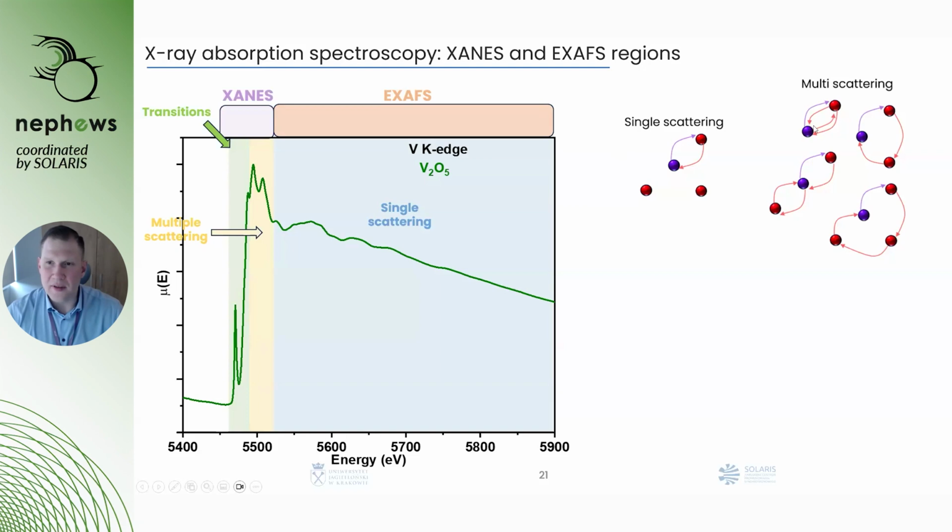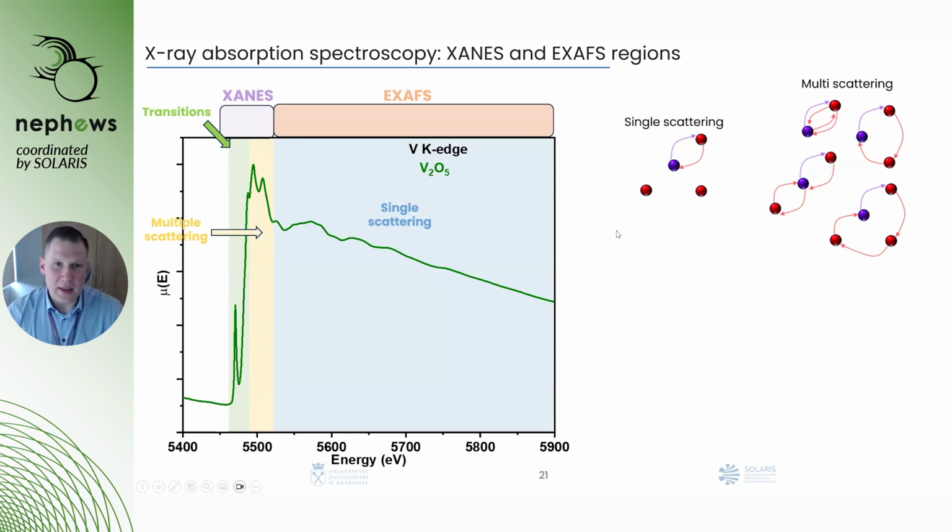It means that we have an absorber atom and the outgoing wave going to the neighboring atom, it is scattered from it, going to the absorbing atom and going back to it, or different geometries of such multiple scattering. And actually this information is lying in this XANES region.